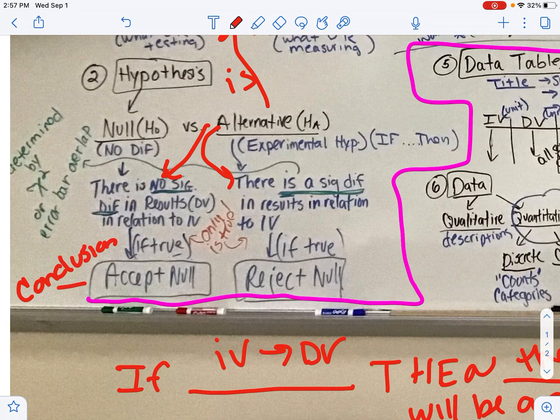but the way they want you to make a conclusion is to just use these terms. You either say, we accept the null, which basically means my independent variable did not cause a difference. Or if it looks like there is a significant difference in your data, after you do a chi-square or an error bar overlap, instead of saying my independent variable caused my dependent variable, you just say in your conclusion, we reject the null.